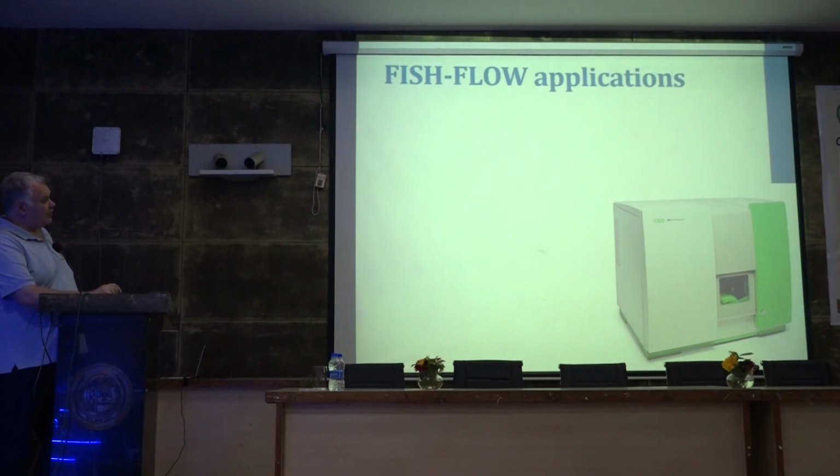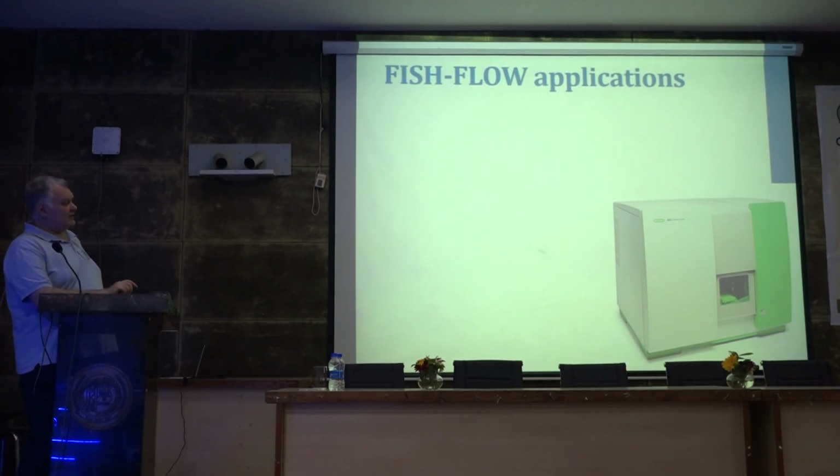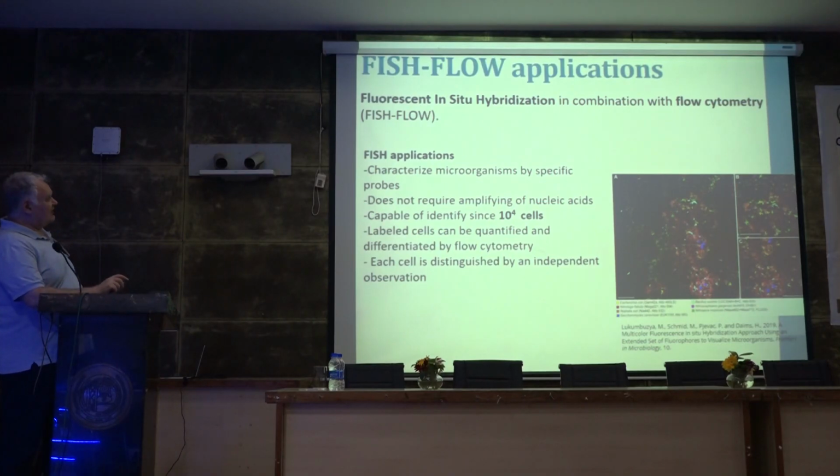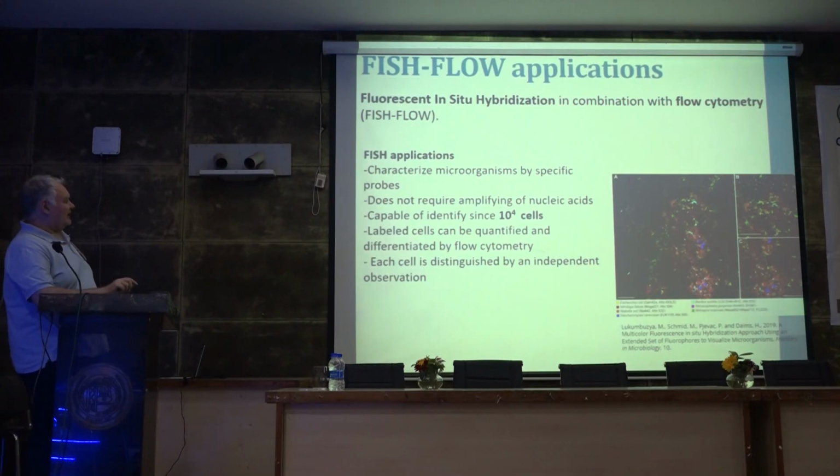We were exploring the use of fluorescent in situ hybridization together with flow cytometry. We wanted to combine these methods because normally people do a fluorescent in situ hybridization application when you use a specific fluorescent marker that attaches to the cells, and based on the fluorescence you can know what you have.